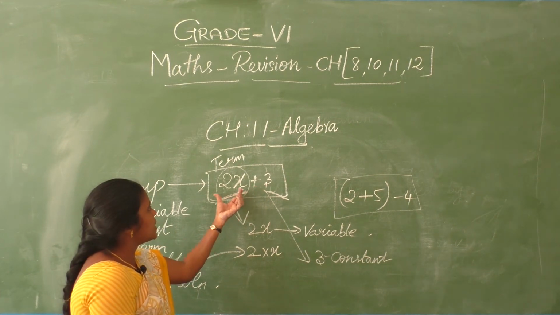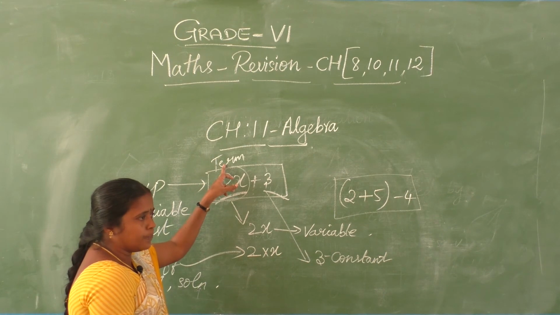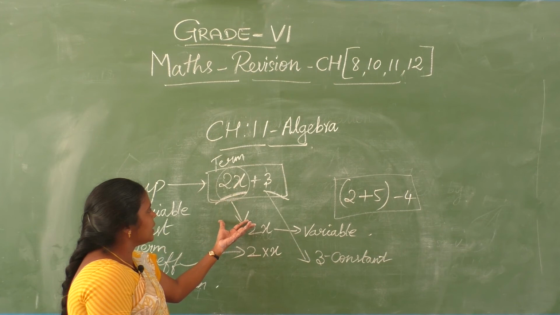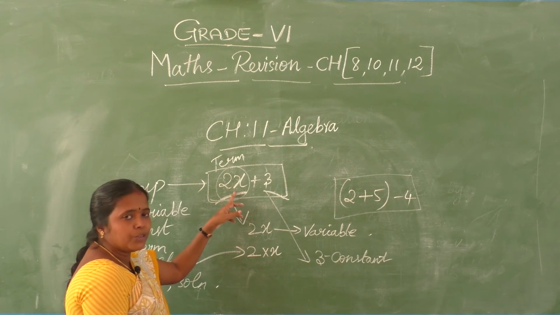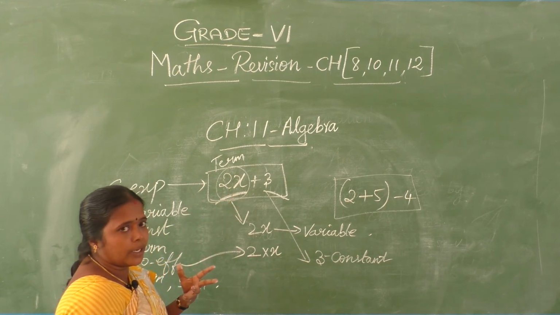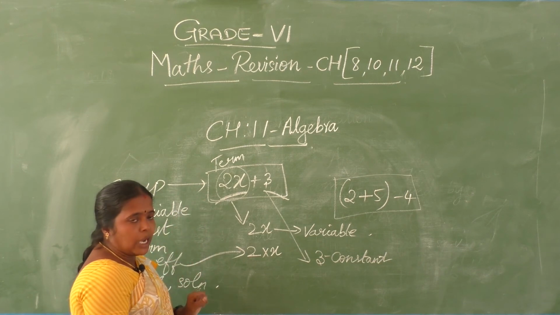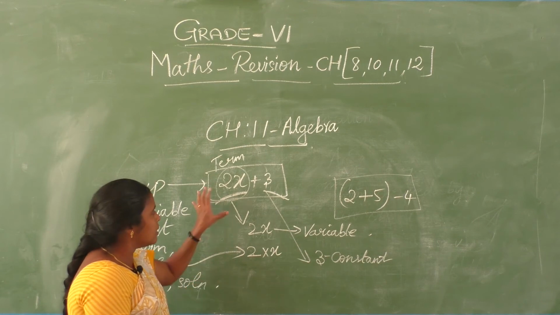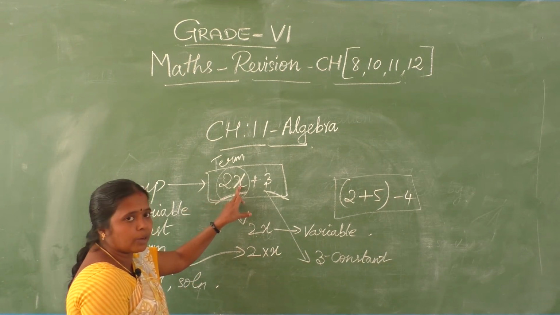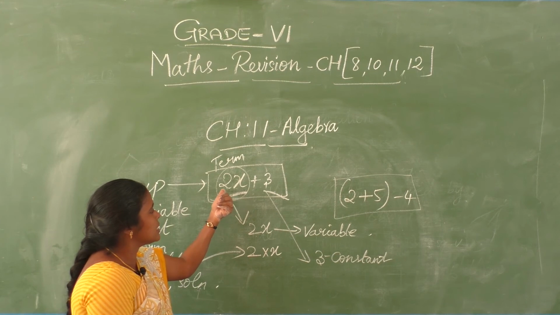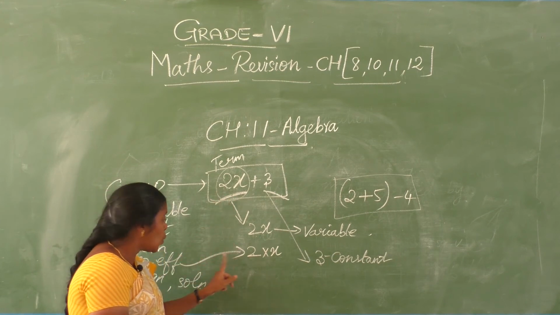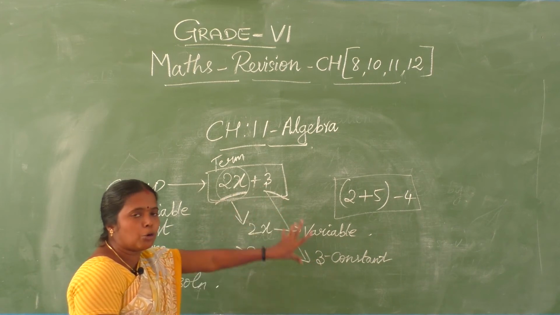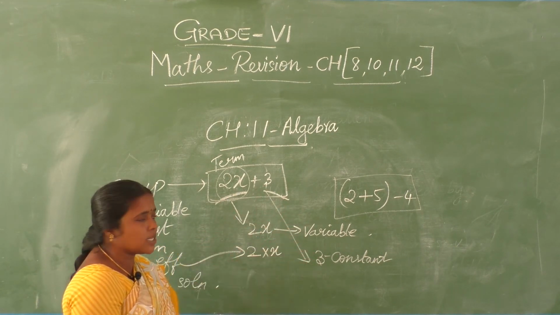Here each part is called a term. 2x is one term, 3 is one term. 2x is not a fixed value, that is a variable. How do you denote the variable? Using alphabets a to z. In this expression x is the variable, and the number connected with it is called the coefficient. Clear children? The 3 is a fixed value throughout the calculation, so it is called the constant term.